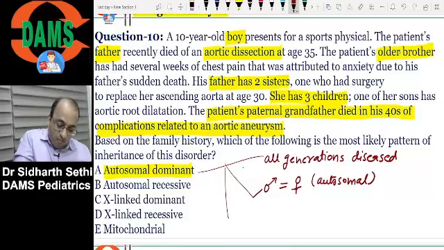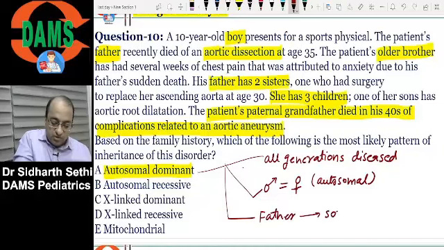Now, the father is also giving the disease to the son. That is important, because then it means this is not X-linked.